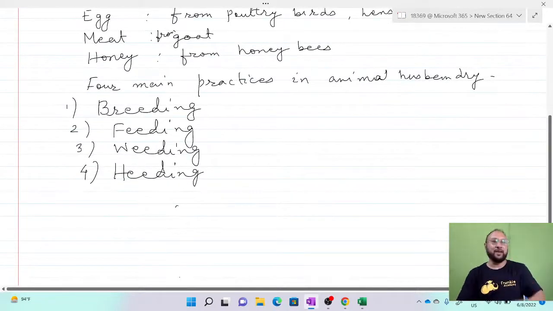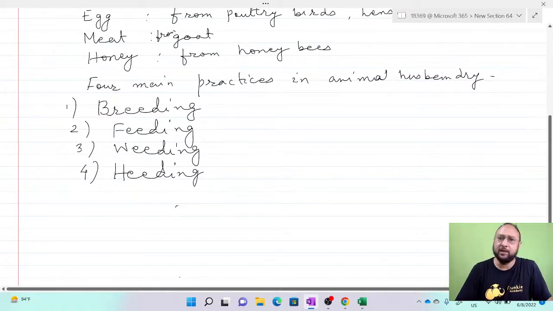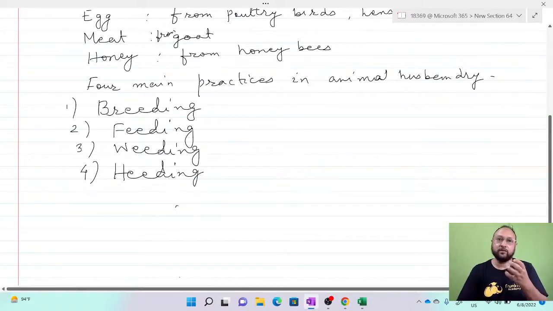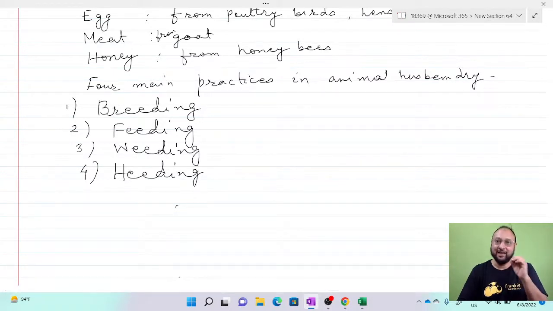Now, when we say breeding, it is done to obtain animals with desired characters. We need a good quality breed, because we are getting some important products. For example, if we have a good milk yielding cow breed, then we will get good milk, of good quality or in large quantity.